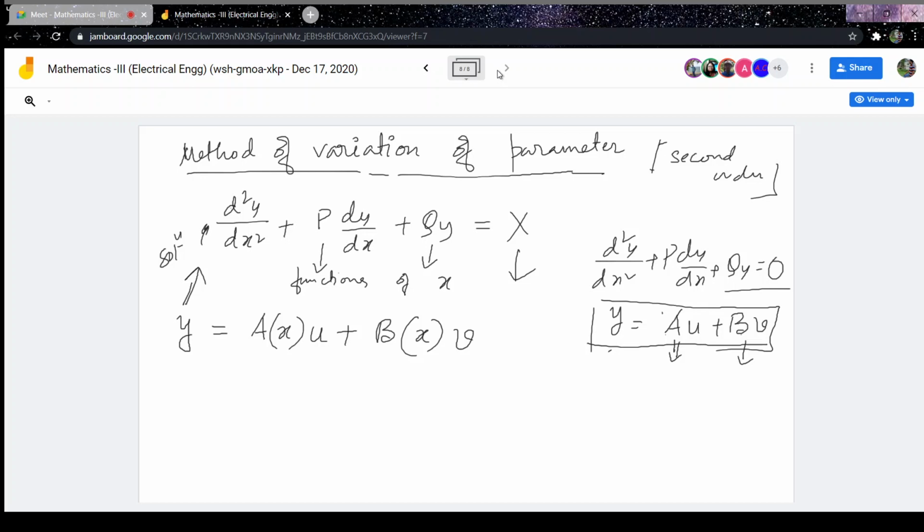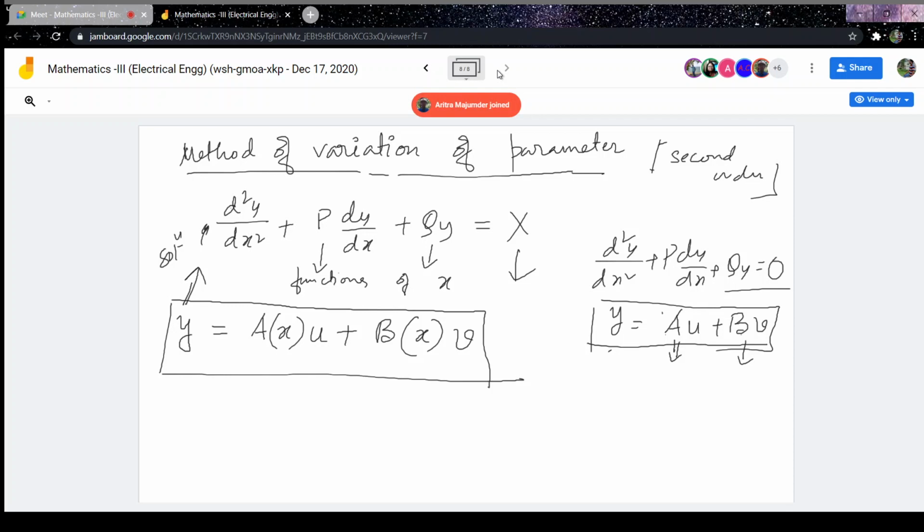That means we won't calculate the particular integral separately, otherwise we will solve it in terms of these A and B and get the complete solution for this equation. So I am assuming this is the solution of our given second order differential equation, that means it will satisfy this equation. We have to find A and B because u and v are already known from the homogeneous equation.